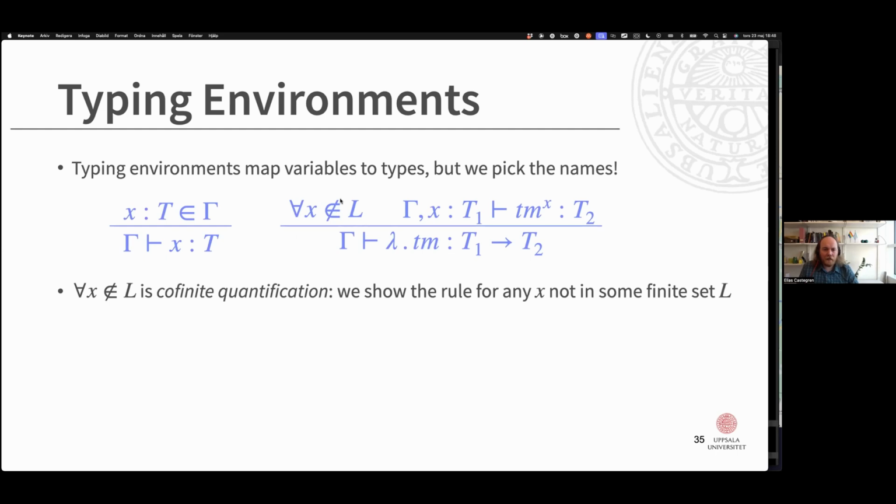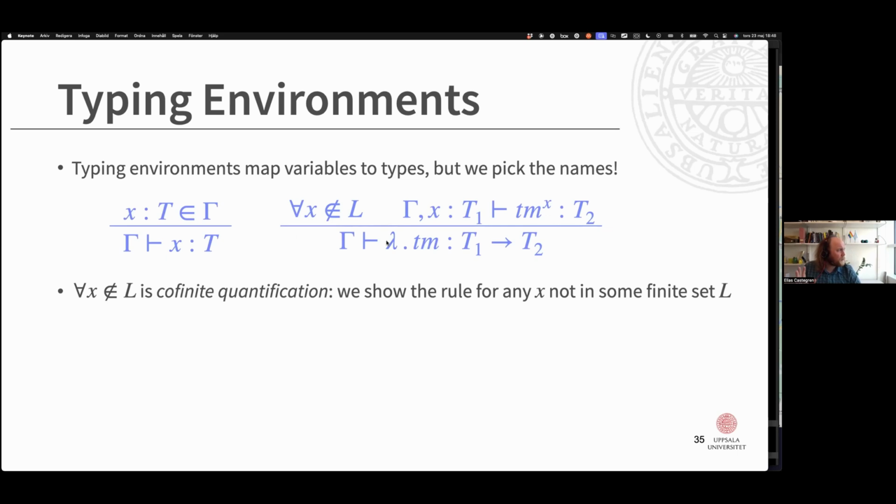But instead, there's a very clever trick called cofinite quantification. Note that this L here doesn't appear anywhere, it just appears out of nowhere. But what we're saying is this type rule holds if there is an L such that any x that is not in that L, this thing holds.